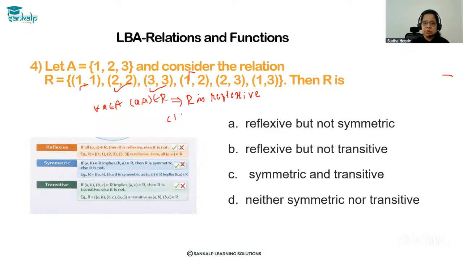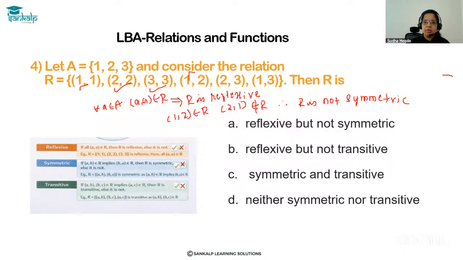Here (1, 2) belongs to R, but (2, 1) does not belong to R. Therefore, R is not symmetric.